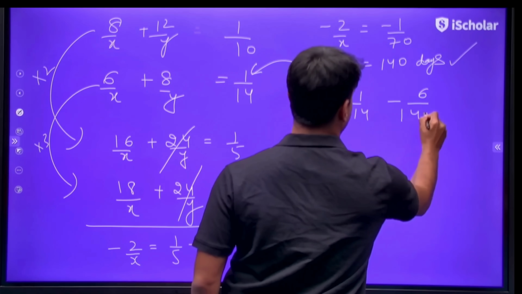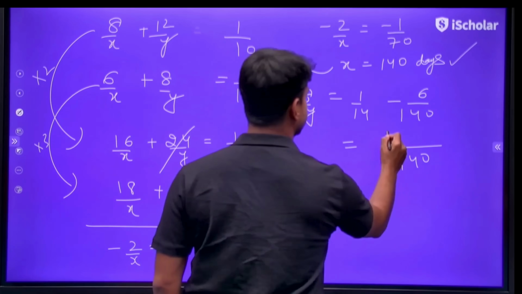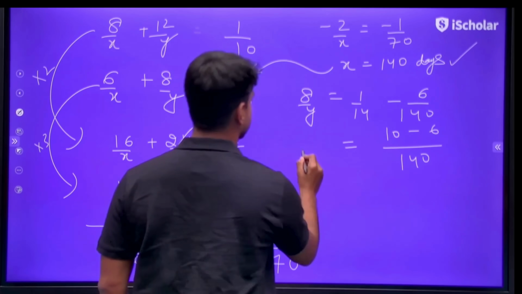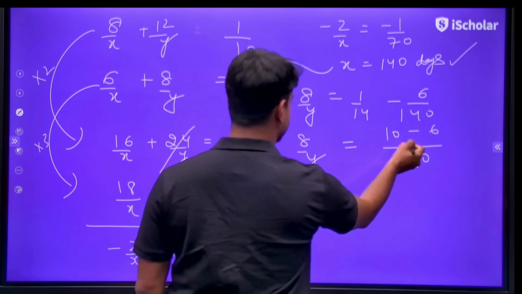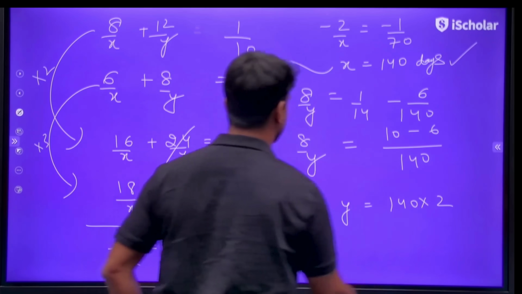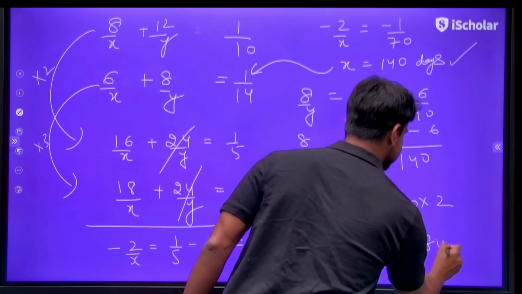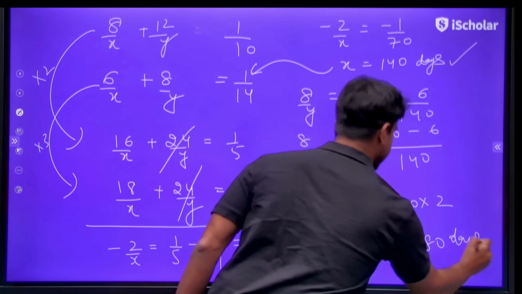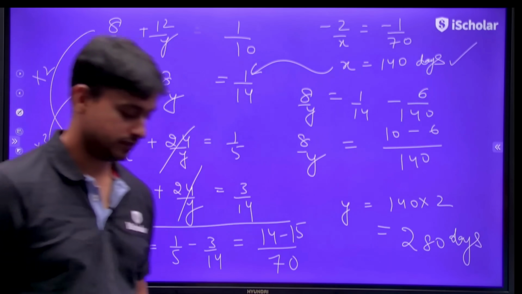If I take 140 as the LCM, I will get 10 minus 6, 8 over y. So y will be equal to 140 times 2, because 4 and 8. So we will get 280 days. So a woman would take 280 days, whereas a man took 140 days.